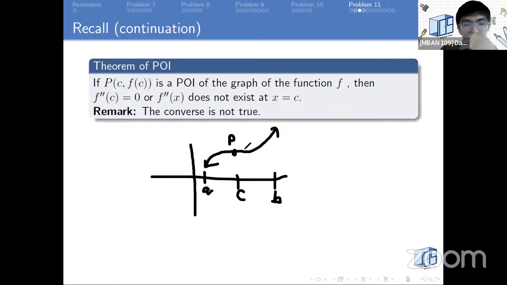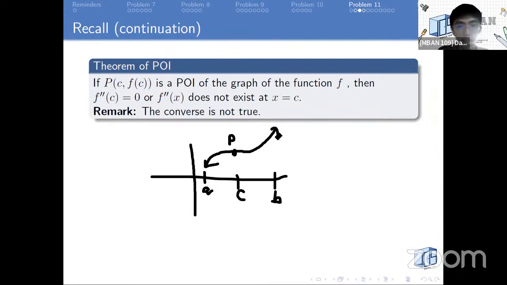So ang mangyayari kasi diyan, yun yung point na clearly point of inflection siya. So ibig sabihin, dahil point of inflection siya, f double prime of c equals 0. Pero remark na the converse is not true.